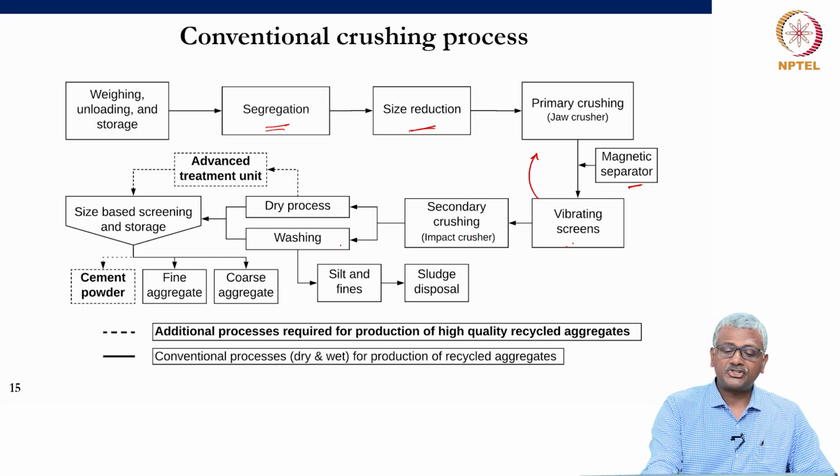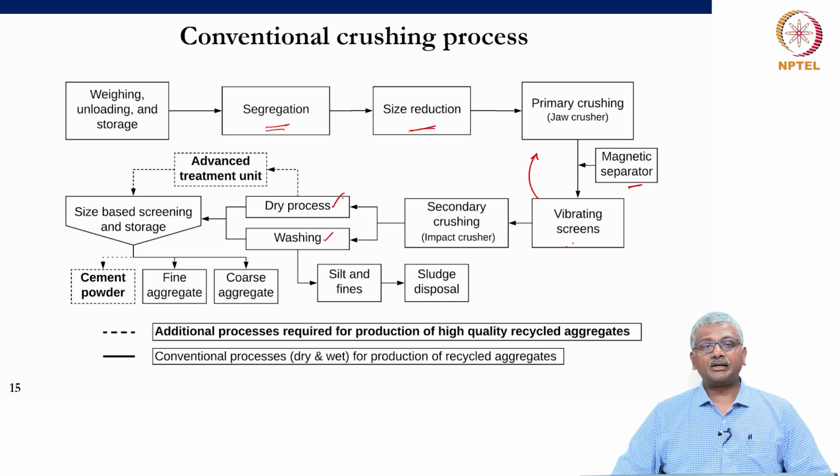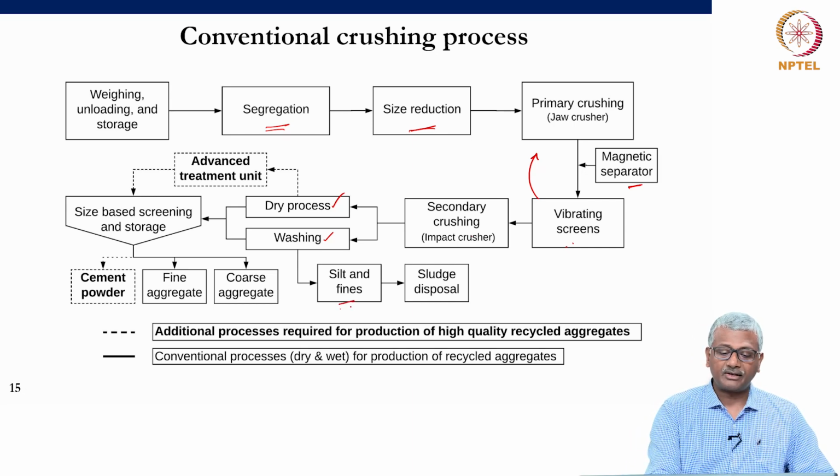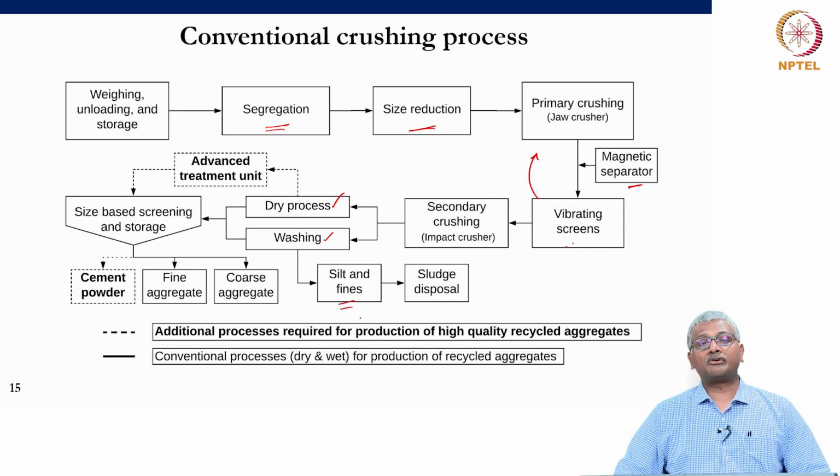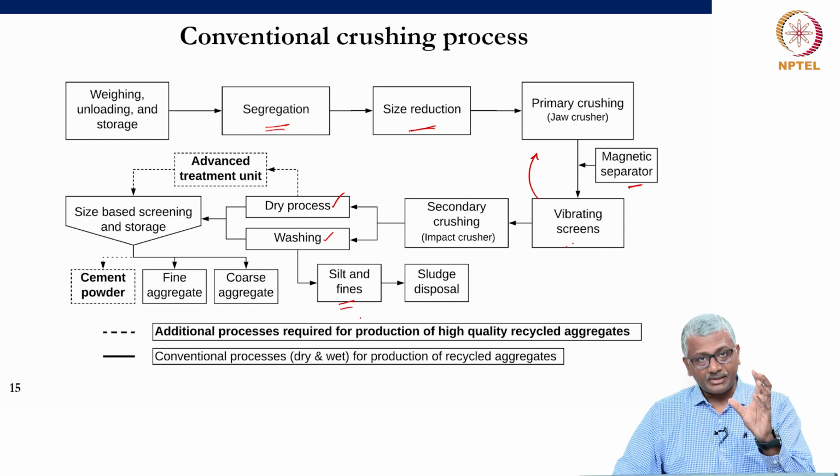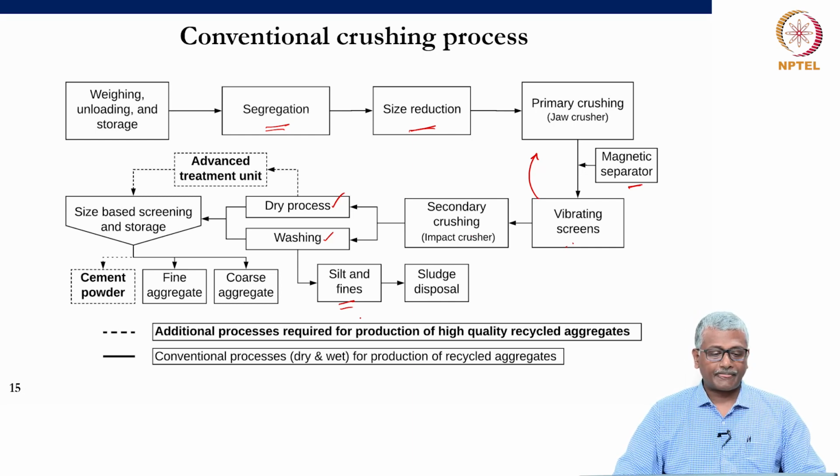And the dust that is generated in this process needs to be either washed or separated by a dry process, okay? And the dust which has been retrieved from the process, the silt and fines, can be disposed of as a sludge, or if you really want to be a complete recycler, you want to probably still conserve that part that has been removed as the dust and as the fines and find some other utilization of that in new construction, okay?